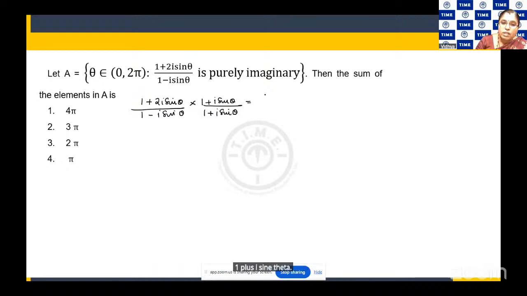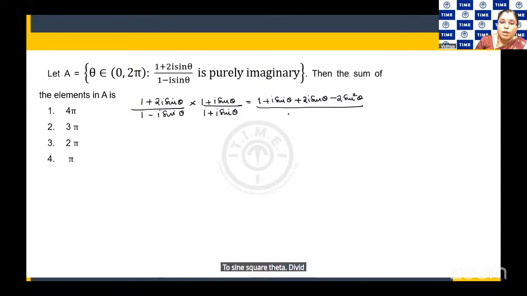So what do we get? In the numerator, 1 + i sin θ + 2i sin θ, minus 2 sin²θ, because i² is negative 1. The denominator is 1 + sin²θ.